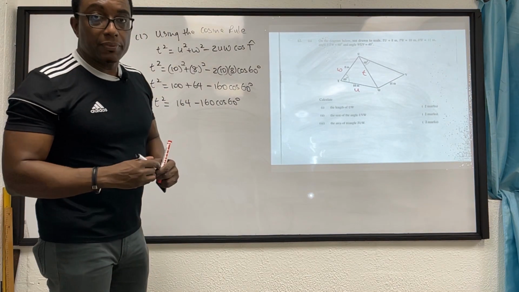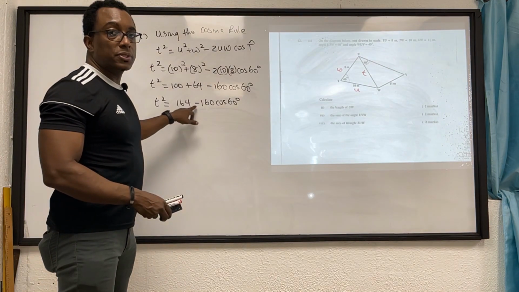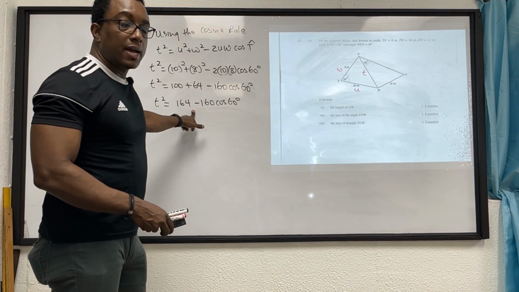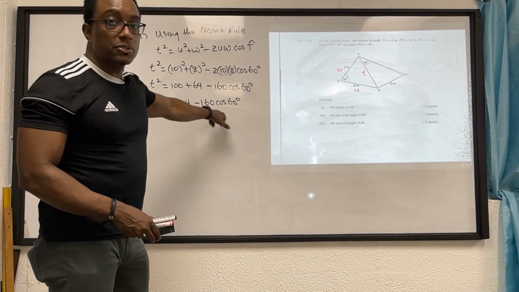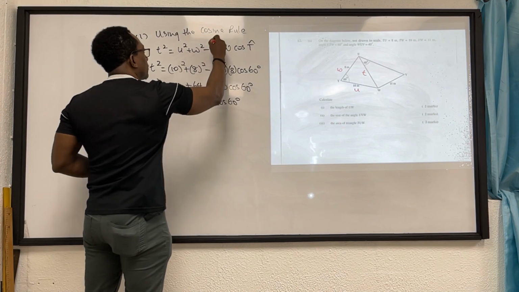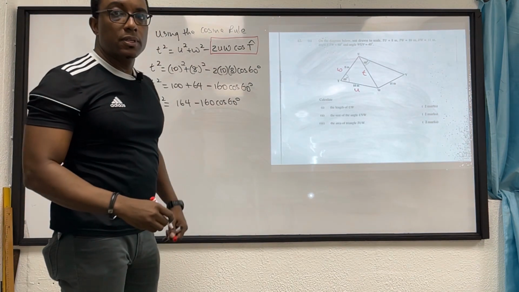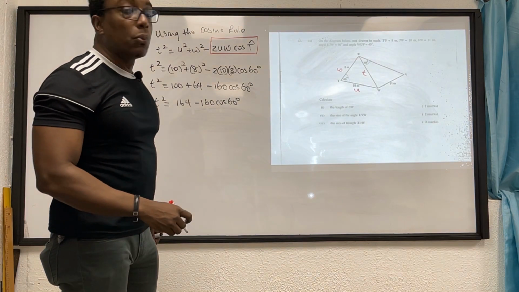And we have to be very careful at this point, because what students often do, they often subtract 160 from 164 and they will multiply that result by cos 60, and that's incorrect. Remember, your 2UW cos T in this case, it is one term.